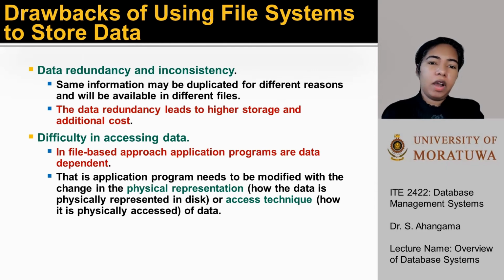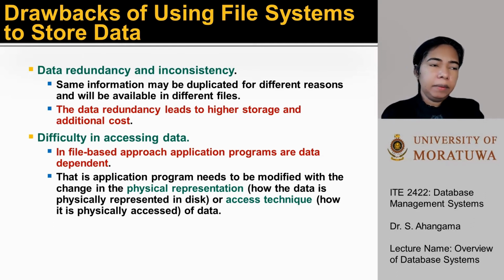Drawbacks of using file systems to store data. Data redundancy and inconsistency. Some information may be duplicated for different reasons and will be available in different files. The data redundancy leads to higher storage and additional costs. In addition, it will lead to data inconsistency.